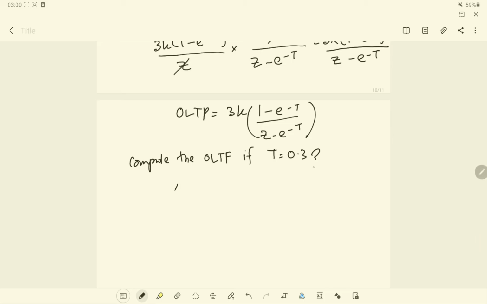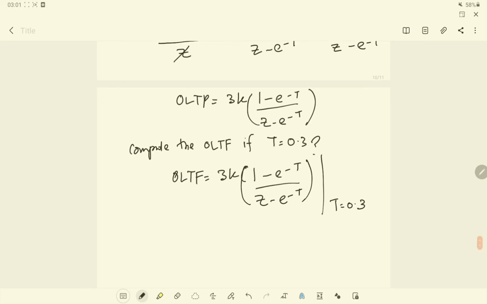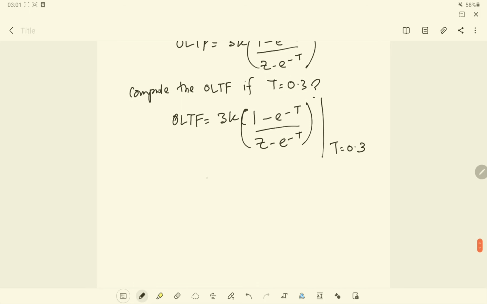So open loop transfer function equals 3k (1 minus exponent negative t) over (z minus exponent negative t). So substitute the equations, and you will get 3k (1 minus exponent negative 0.3) over (z minus exponent negative 0.3).